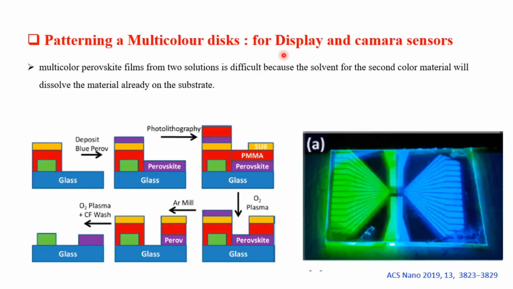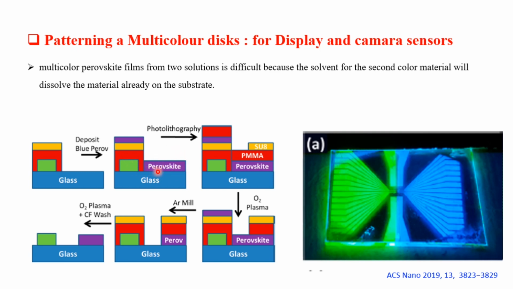When we go to the application in display and camera sensor, we have to pattern different types of colors. So we use different perovskites like green perovskite and the blue perovskite. But the problem is the solvent which dissolves the blue one also dissolves the green one.